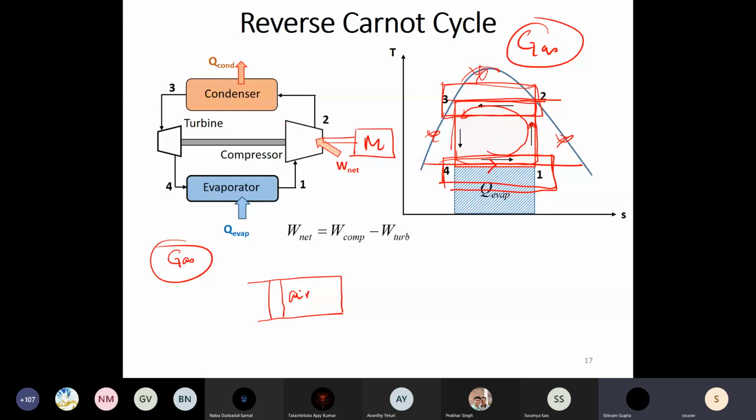I have to transfer heat from air to the surrounding in an isothermal manner. Air is trapped within this piston cylinder assembly. So can anyone tell me how to do that? This is the surrounding. And that too reversible.